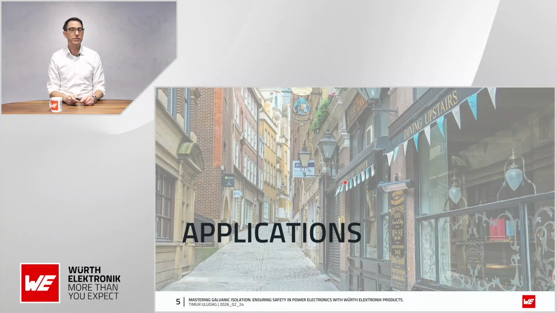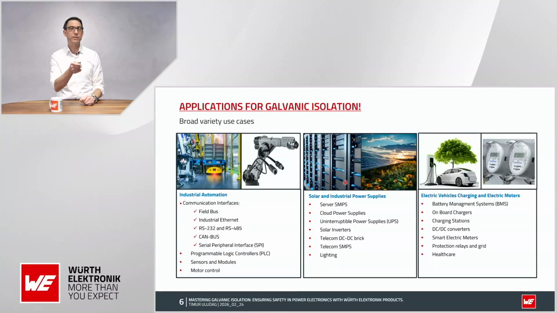In which applications we have a galvanic isolation? There are, let's say, mainly 3 application blocks, clusters, where you need an isolation. First of all, on the left side here, industrial automation, where we have a large number of interfaces like CAN, SPI, RS-232 and RS-485.